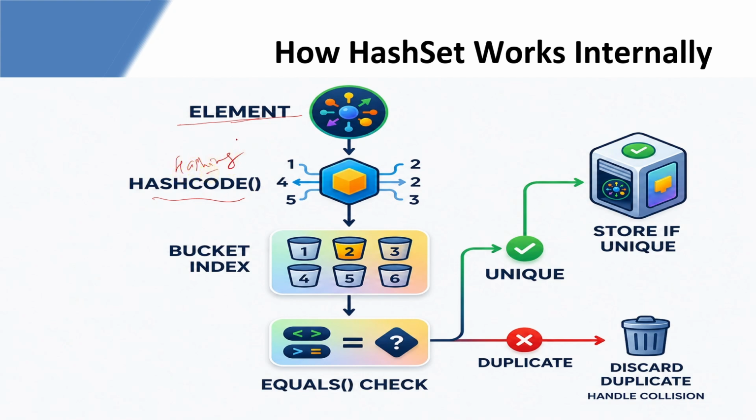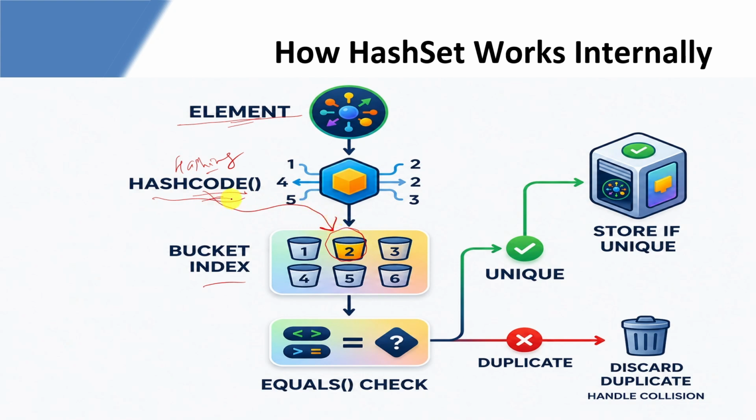For that hash code, it will find the bucket index. So based on the hash code value, it will go to a particular bucket.